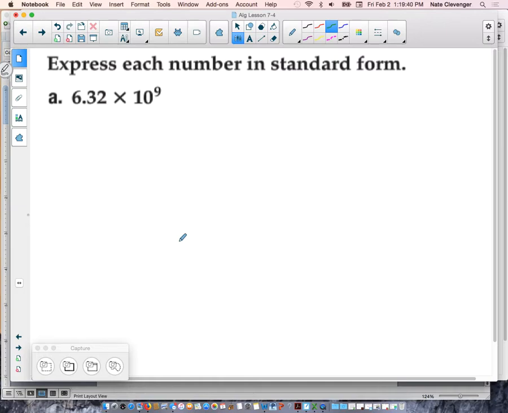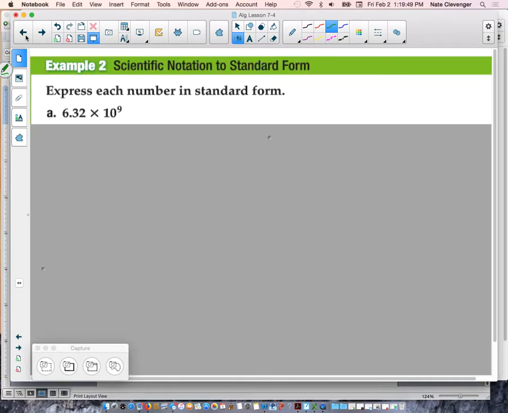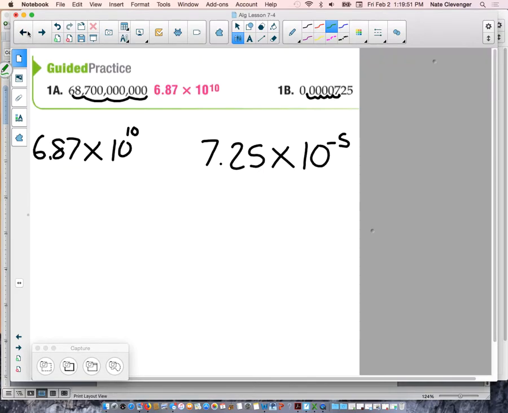Now, if we have scientific notation with a positive exponent, let's look back through our examples. When we started off with a number greater than 1, what was the sign of our exponent? Positive. When our number was less than 1, we got a negative.